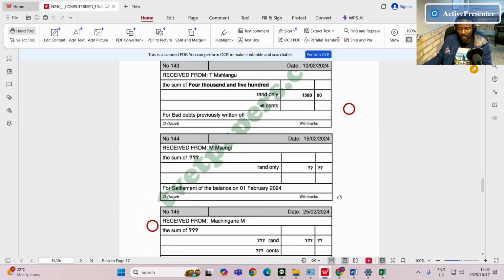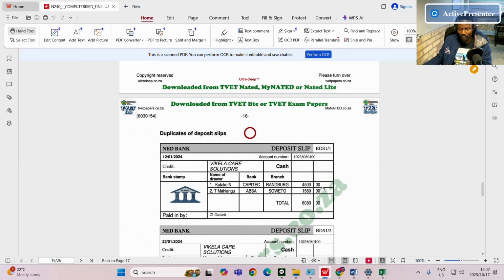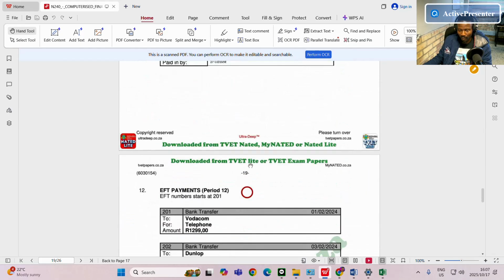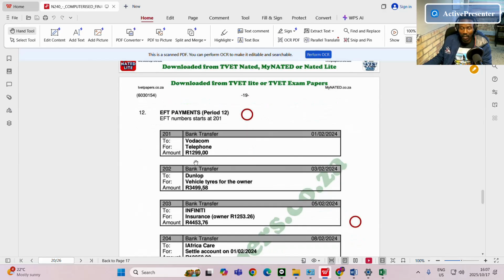Let us do the CPJ now. So I'll be doing the payments. With the payments, obviously it's an EFT. I'm sure when you're practicing with old question papers, it will be checks.